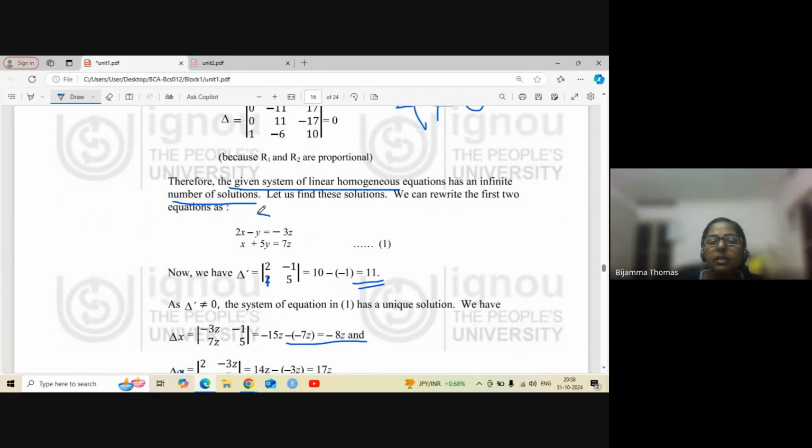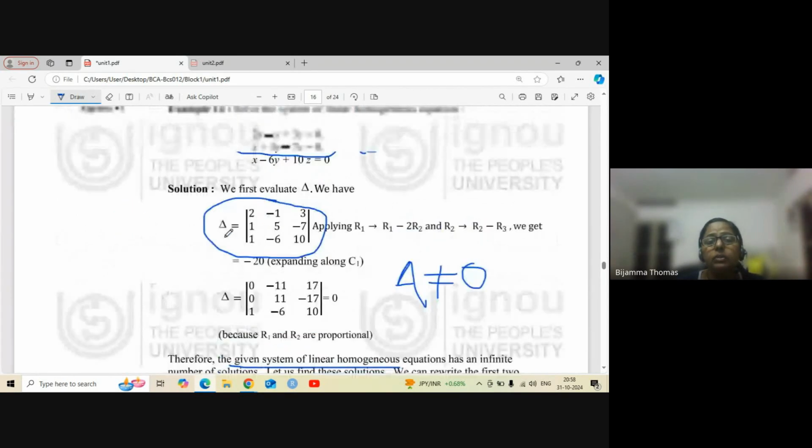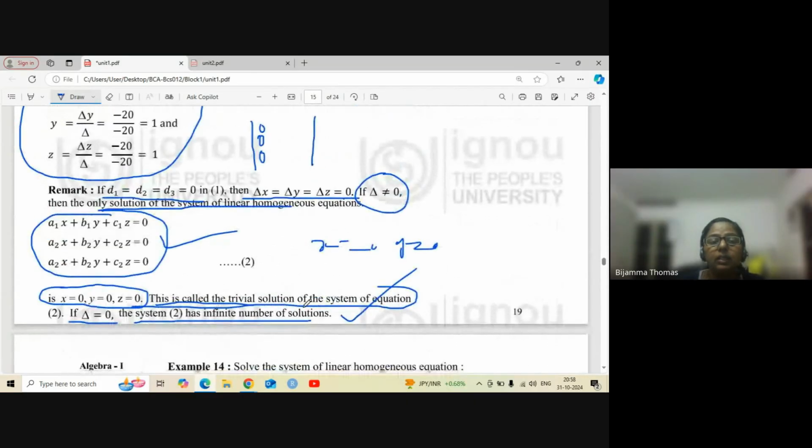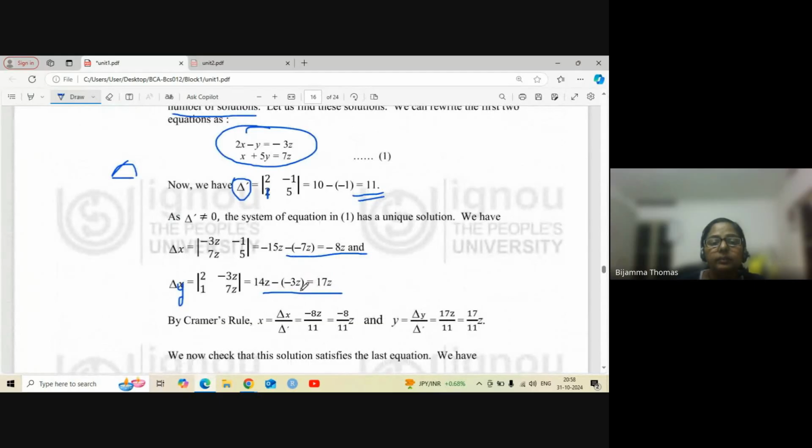Now consider the first two equations. Identify the delta value, here the delta dash. Whatever notation you like, you can use delta also. Here we use delta as the original one, that's why they put delta dash, or you can also use delta.